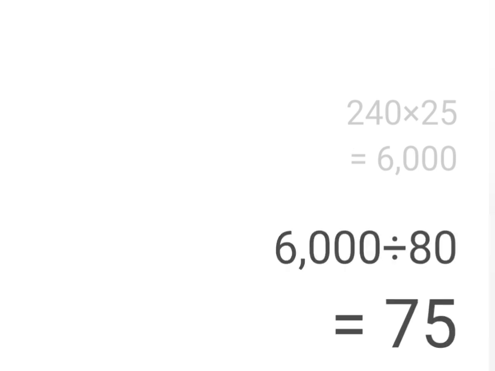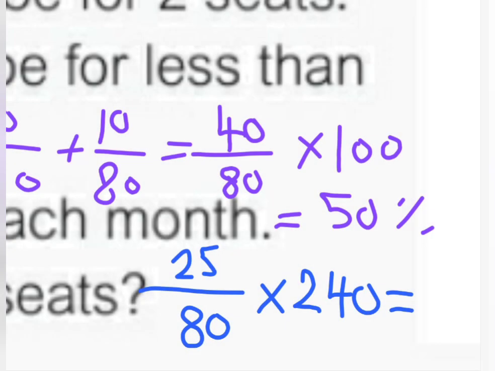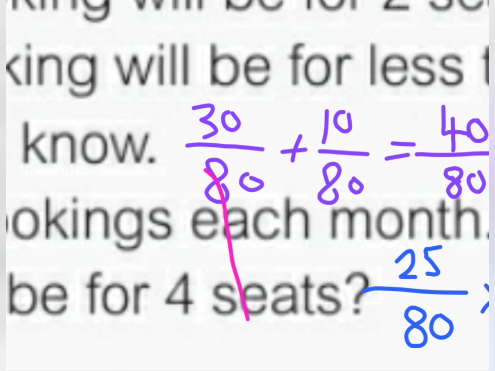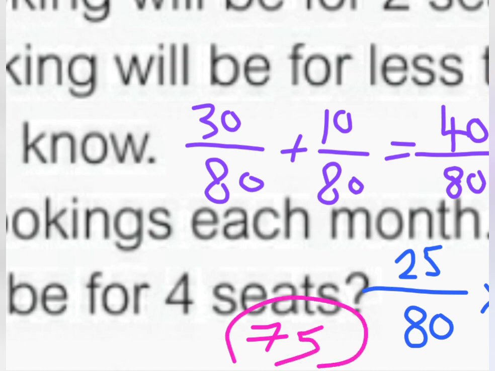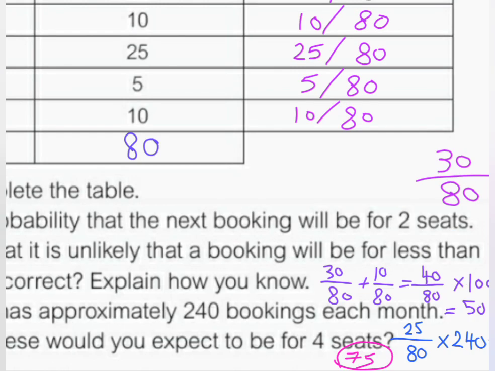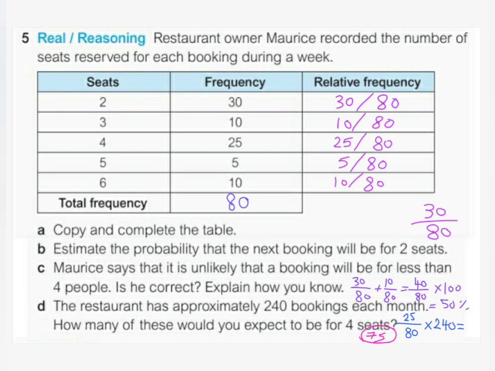So we will have approximately 75 bookings for 4 seats. Now, let's go back. So the answer will be 75. Very good. So the answer for question D is 75 bookings out of 240 bookings.